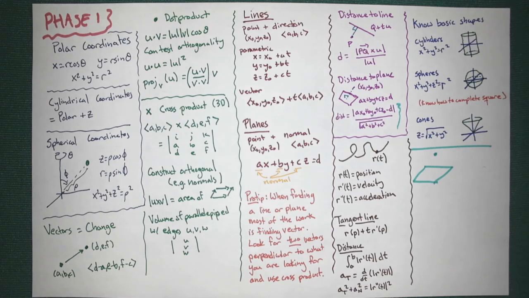If I have a point and a plane, what are some pieces of information I have available for me? The normal vector. Okay, so that's something I have in my hand. Can I use that to my advantage? How can I use that?